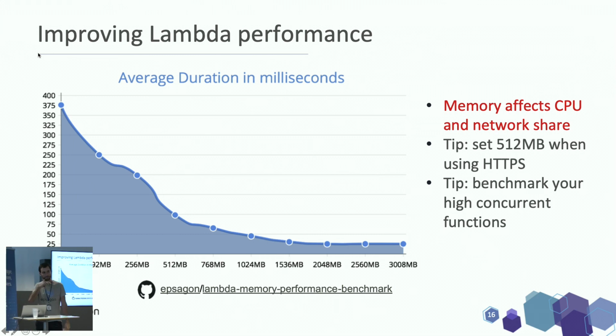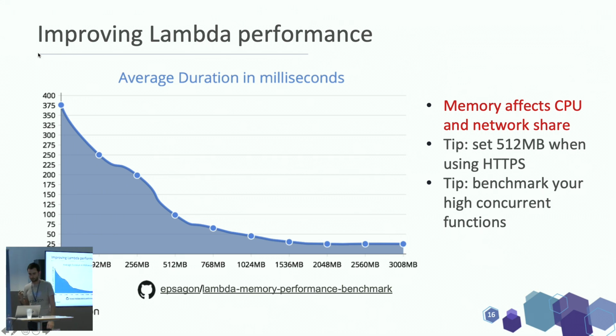Another thing, and I think almost everybody in the room talked about it, is to make sure what our current configuration for memory is, because this is the easiest way to improve the performance of our Lambda function. Alex talked about it. Memory impacts CPU and network. It means that when you're having more memory, you're having more shares of that CPU and network.